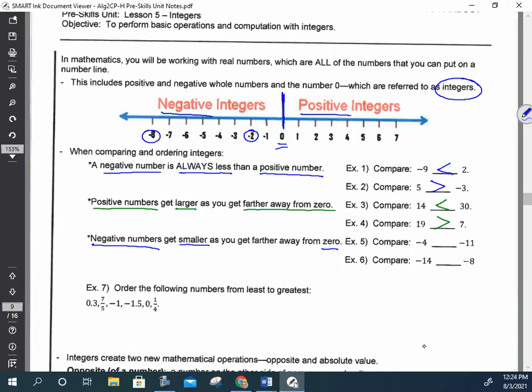With that being said, -4 and -11, -4 would be closer to 0 than -11 would. So a greater than sign would be used to indicate that relationship. -14 and -8. -8 would be closer to 0. So a less than sign would be used to indicate that.